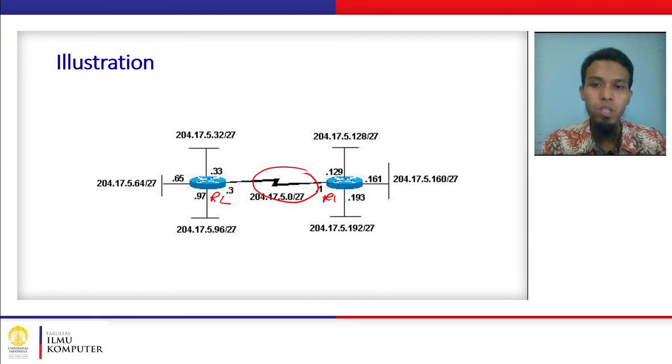It is .0/27, and then we have another subnet on router 1.